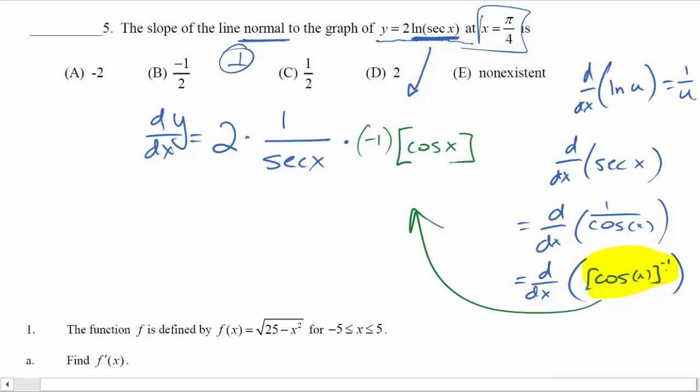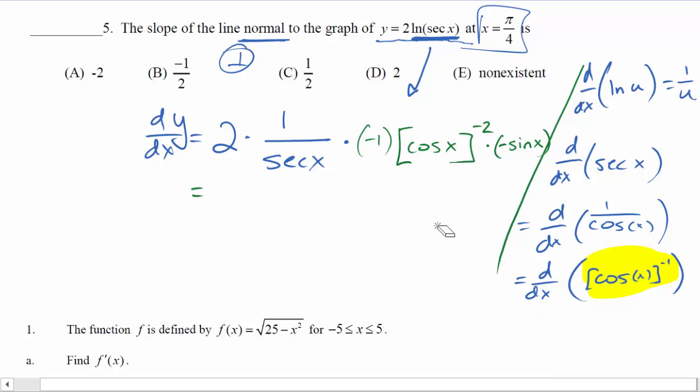But the exponent has to be subtracting 1, so that becomes a negative 2. But cosine was trapped inside of this exponent, so now I take the derivative of cosine, which is negative sine of x. Okay, it is a mess. It's very tough to try to evaluate this at pi over 4 right now, so I'm going to do some simplifying.